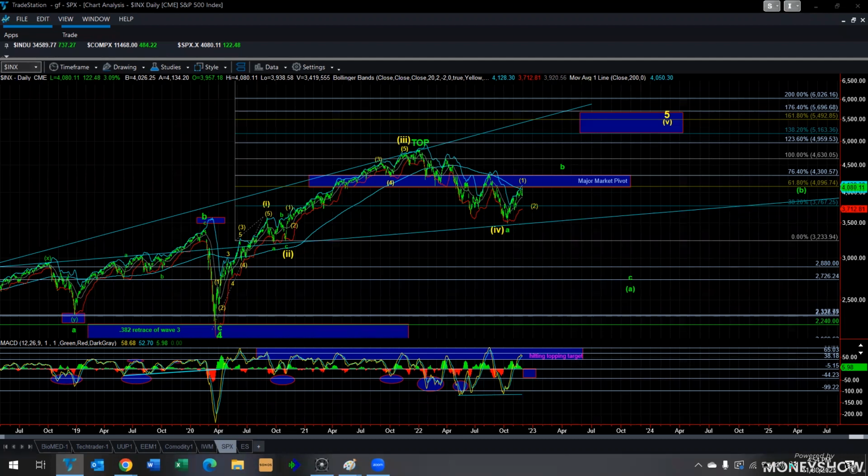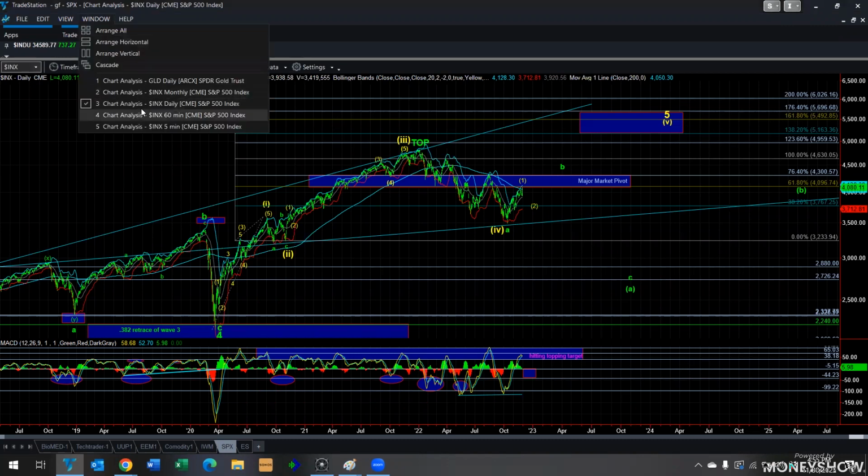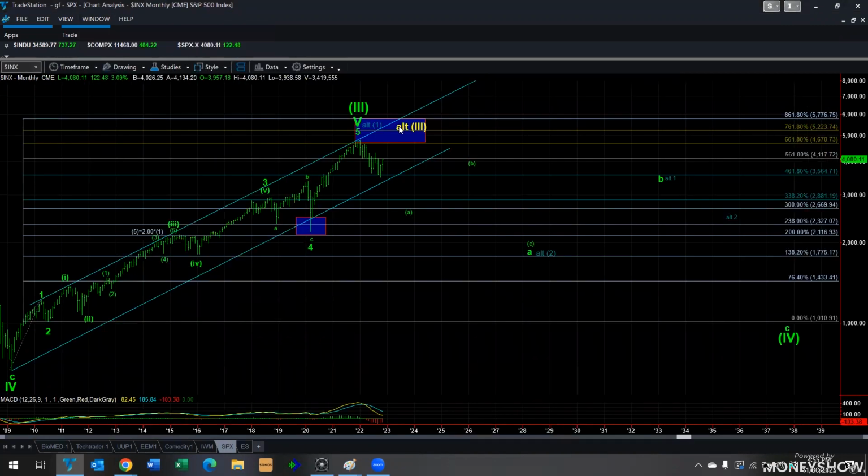Ultimately, cash. There are going to be opportunities beyond that, but my view is, and I'm going to post this on the monthly chart again. If you look at this, if you're in cash here and the market drops to here, and then you deploy that cash, you then have an opportunity. You have extra cash now to deploy for a multi-year rally.